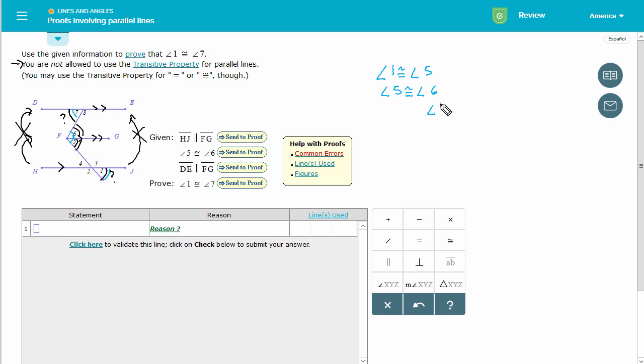Those together will give me angle 1 congruent to angle 6. Right, that's the transitive property of congruence. Then I can say angle 6 is congruent to angle 7, and I can put those together to get angle 1 is congruent to angle 7, which is where I'm going with this. Okay, so that's my plan. I just need to justify those steps.